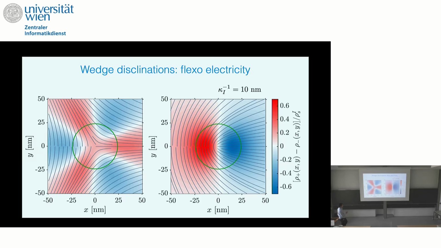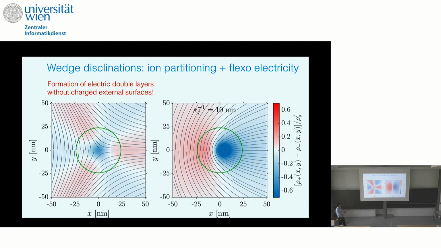Namely, each nematic texture generates some polarization texture, which follows from the constitutive relation between the nematic order parameter and the polarization. From it, you can deduce a bound charge density, and the ions typically redistribute to minimize the energy, so they reside in regions where the bound charge density is high due to polarization. That's why you get these kinds of patterns of charge distributions around some nematic textures.